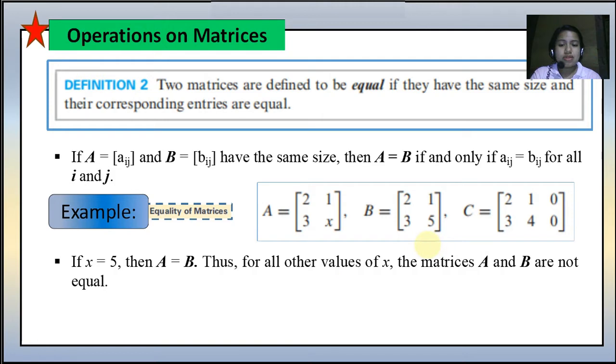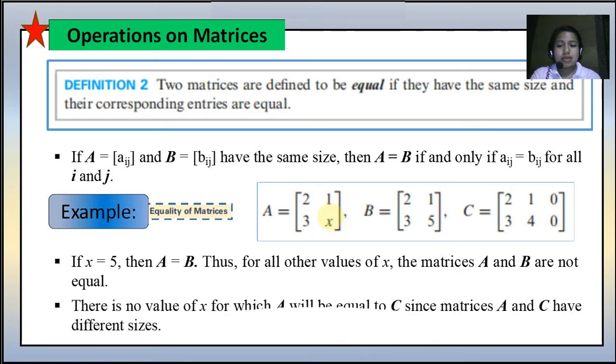So if the value substituted for x is other than 5, it won't make the two matrices equal anymore. Only 5 can satisfy the conditions that they must have the same size and must have corresponding entries that are equal for us to say that matrix A and matrix B are equal. Then there is no value of x for which matrix A will be equal to matrix C, since matrices A and C have different sizes.